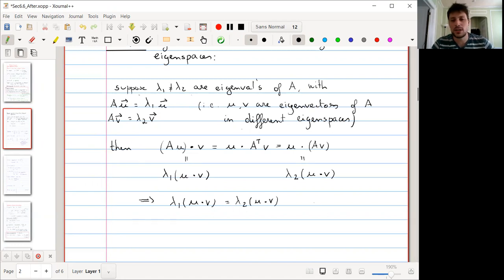However, lambda1 is different from lambda2, from the assumption we're working with different eigenspaces. So the only way that this can happen is that u·v is equal to 0. And so the eigenspaces are orthogonal.